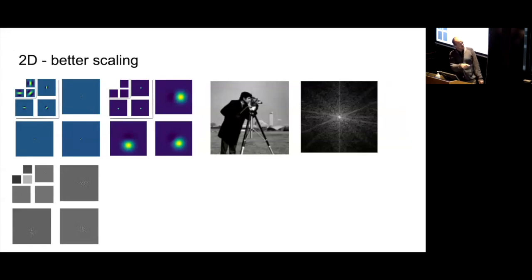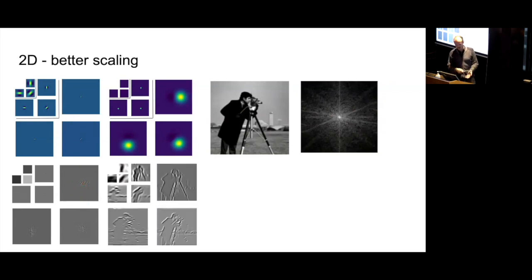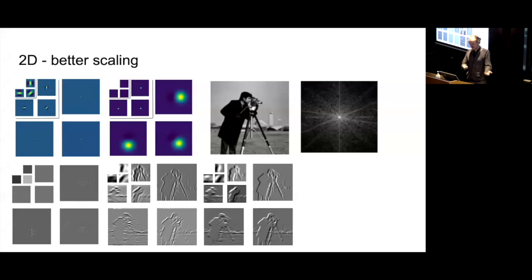If you look at Fourier space, you can actually see the edges of this cameraman here, and then we can see what the wavelets do, which just pick out these parts of Fourier space. So you're left with only that part, the filtered version, and then you end up being able to look in the real part and in the imaginary part at these sort of edge images at different scales.